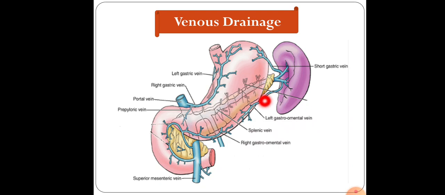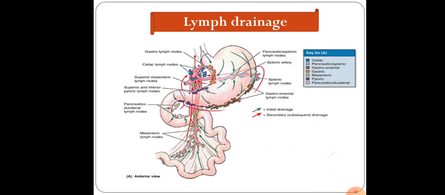The short gastric and left gastroepiploic veins terminate into the splenic vein. The right gastroepiploic vein terminates into the superior mesenteric vein. Lymphatic drainage follows the gastric and gastro-omental vessels, corresponding to the arteries, then passes through efferent vessels accompanying the veins and terminates into the celiac lymph nodes.